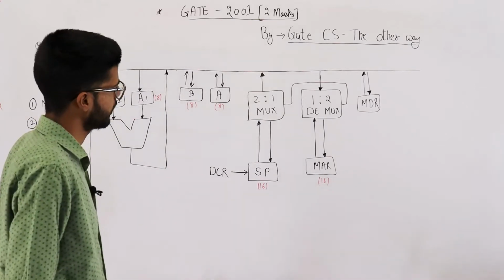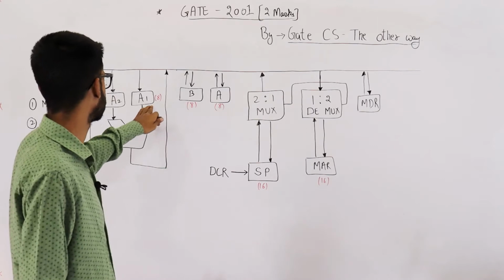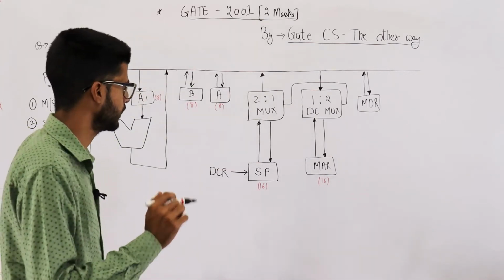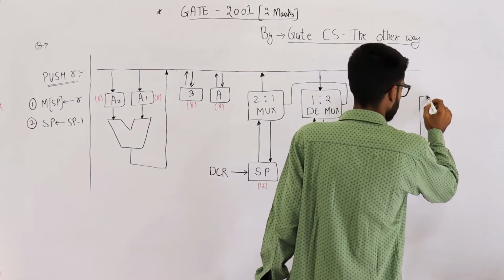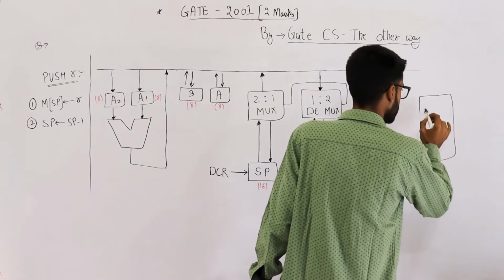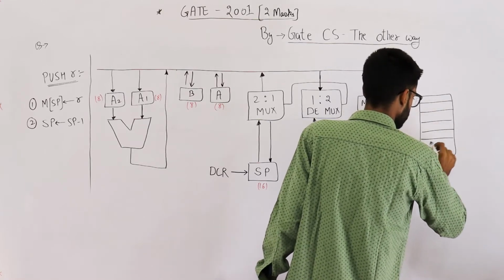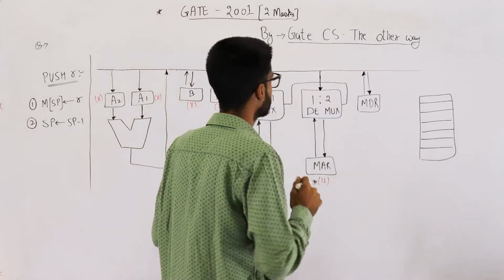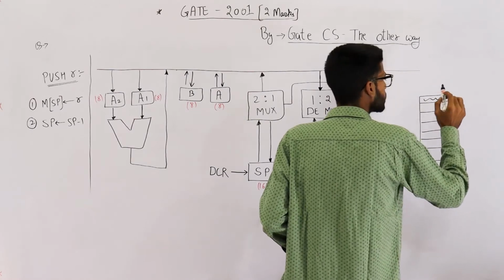Now, you're given that every register A, B, A1, A2, ALU and the bus, these are 8 bits. That means whatever data you are working with is 8-bit data. So probably your memory is also 8-bit. Say this is your RAM. Now, what this question implies is each location is 8-bit.